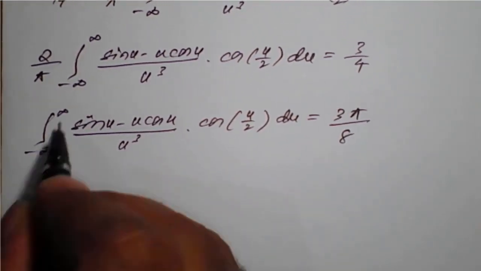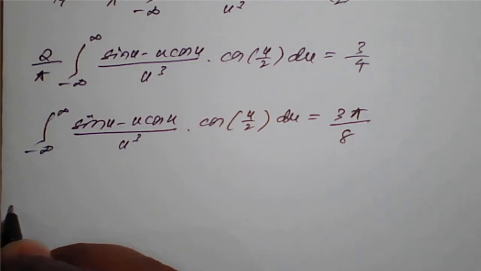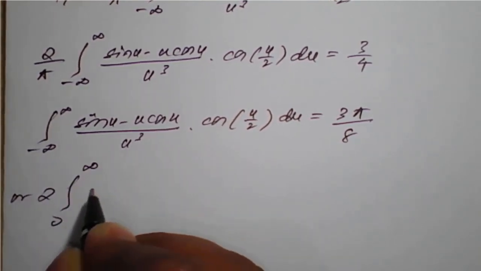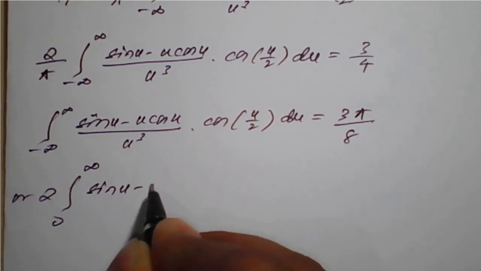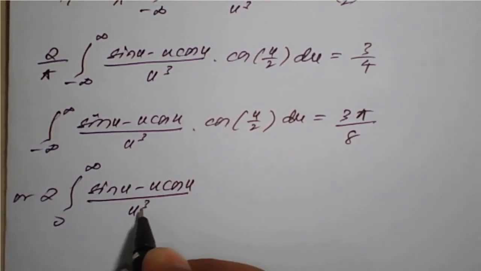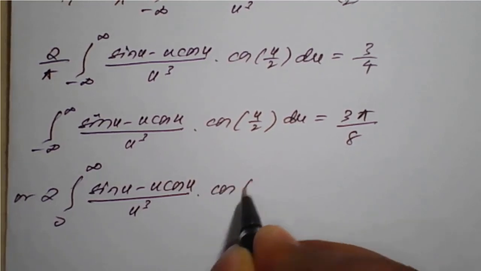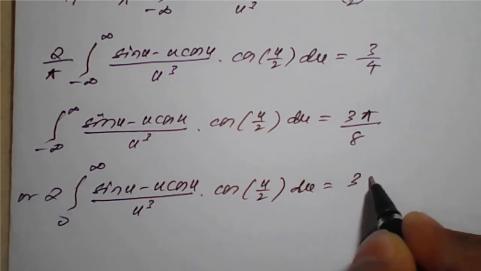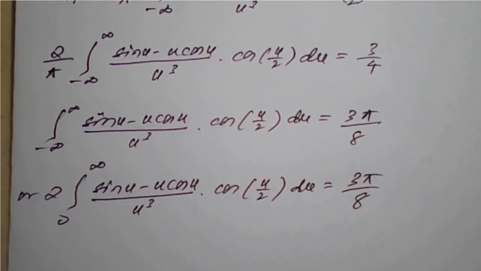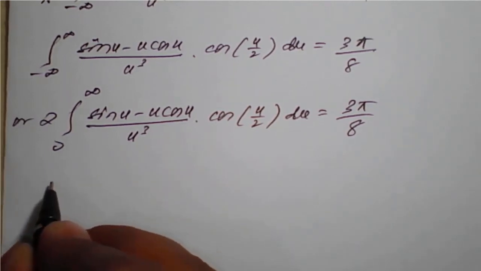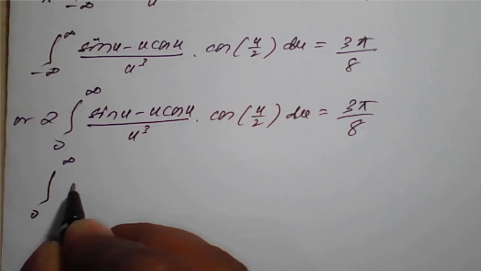Or again minus infinity to plus infinity can be written as 2 times 0 to infinity sine u minus u cos u divided by u cube into cos of u by 2 into du is equal to 3 pi by 8. Or you cross multiply this 2 to the right hand side, it will become integration 0 to infinity sine of u.